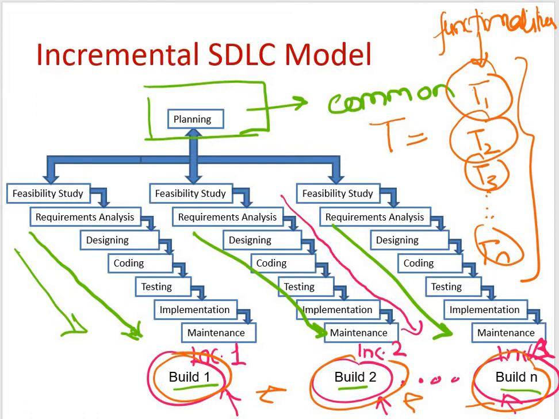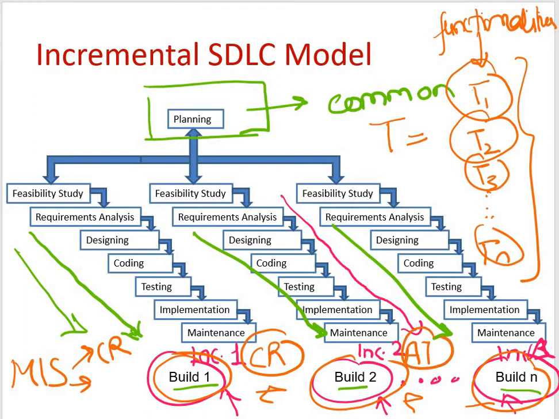For example, in your MIS application, let me say that for me the course registration is crucial. So in build 1, I came up with a course registration system. In build 2, attendance management is important for me, so I came up with this. For build n, let's say inventory management was there. So I have divided the complex portion into small tasks, and it's like divide and conquer.